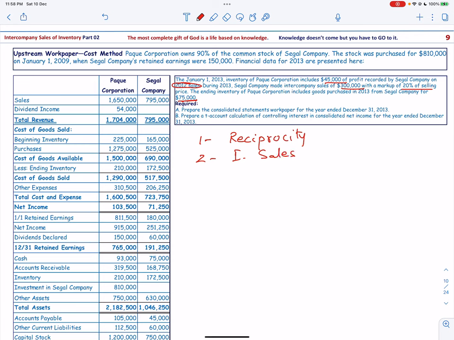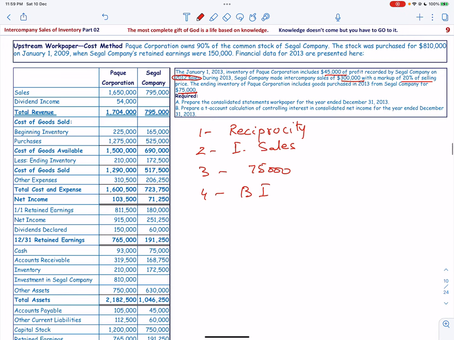The third will be the unrealized profit in the ending inventory of 75,000, that includes the profit of the intercompany sales. The fourth is the beginning inventory is inflated by 45,000. Fifth is that there is an intercompany dividend payment of 60,000, and the sixth will be the elimination of investment in the subsidiary.